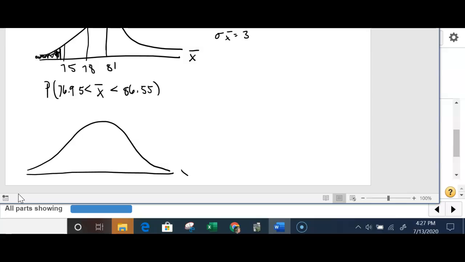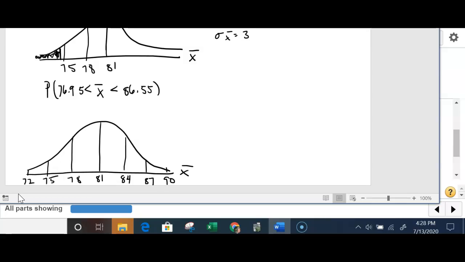We're looking at the distribution of x bar, so we have to use that information. So we have 81, 78, 75, 72, 84, 87, 90. And when you draw a distribution like this, the empirical rule is still going to work out. There's going to be about 68% within one standard deviation, and about 95% within two standard deviations above and below.